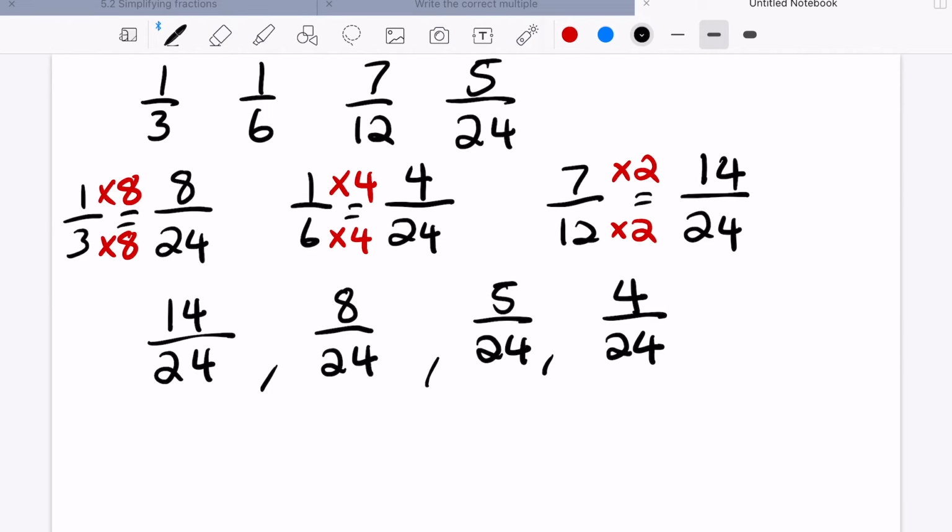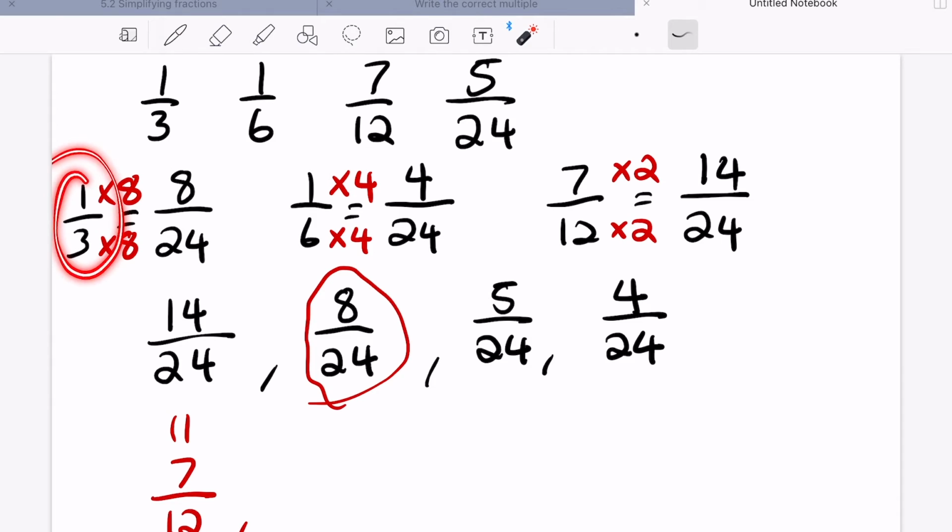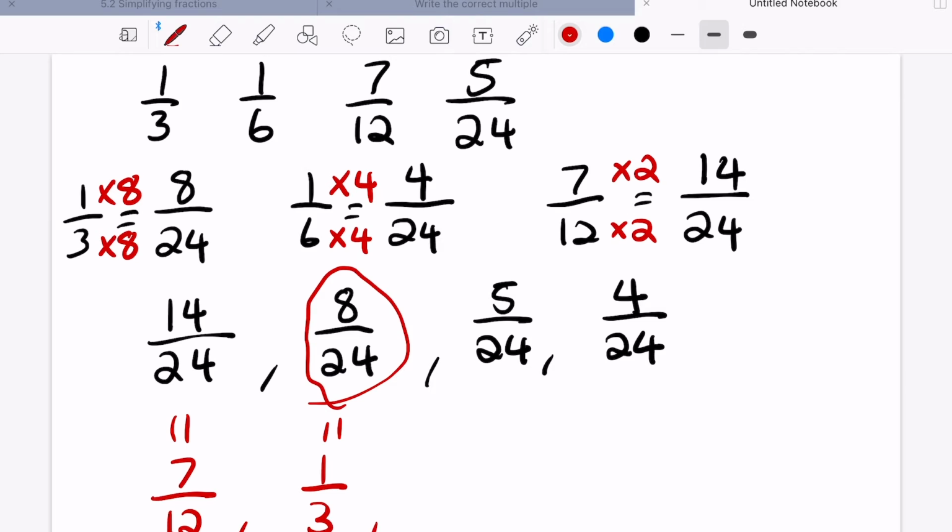So then we have to turn it back into the original number. So 14 24ths is the same as 7 12ths. So we're going to write that out. 7 12ths. The next one, 8 24ths, is the same as 1/3. So we're going to write that out. 1/3. 5 24ths stays the same. And 4 24ths is equal to 1/6.